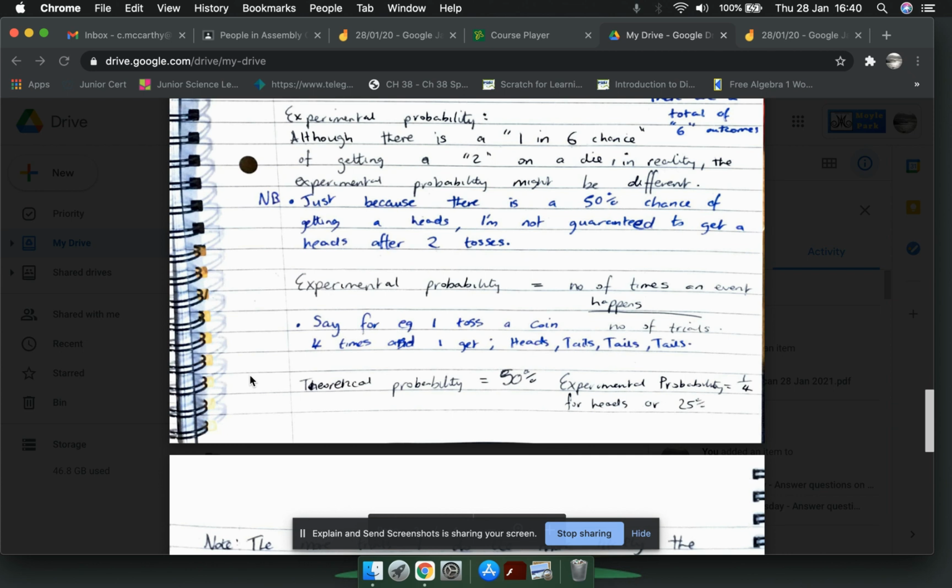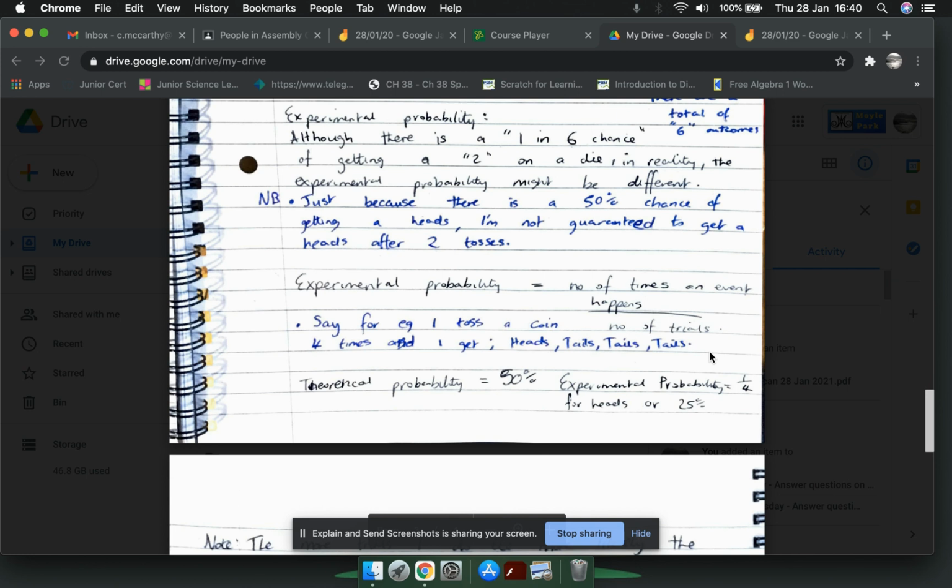The same goes with heads. Just because there's a 50% chance of getting a heads, doesn't mean that if I toss the coin 2 times, I'm guaranteed to get one heads. Say I toss a coin and repeat this 4 times, I might get a heads, then tails, tails, and tails. So only 1 out of 4 of those outcomes are heads.